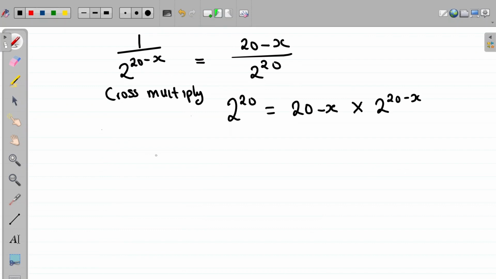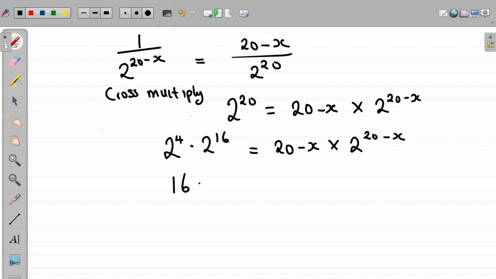The left hand side can also be expressed as 2 raised to the power of 4 multiplied by 2 raised to the power of 16 equal to 20 minus x times 2 raised to the power of 20 minus x. Our equation becomes 16 multiplied by 2 raised to the power of 16 equal to 20 minus x multiplied by 2 raised to the power of 20 minus x.